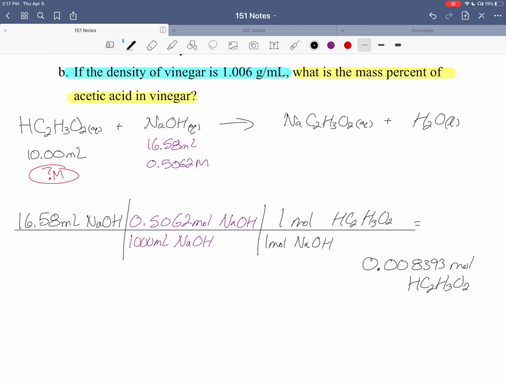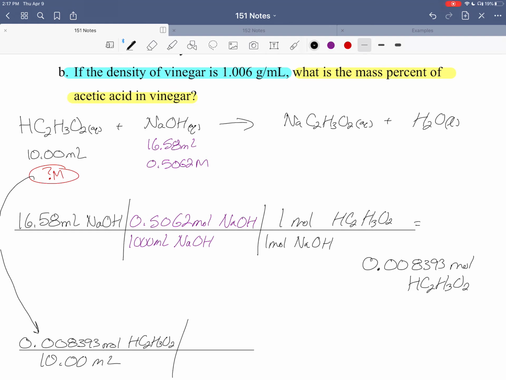Okay, so I'm looking for the molarity. And molarity is moles per liter. Right now I have 0.008393 moles of HC2H3O2, and I have a volume of 10.00 milliliters.